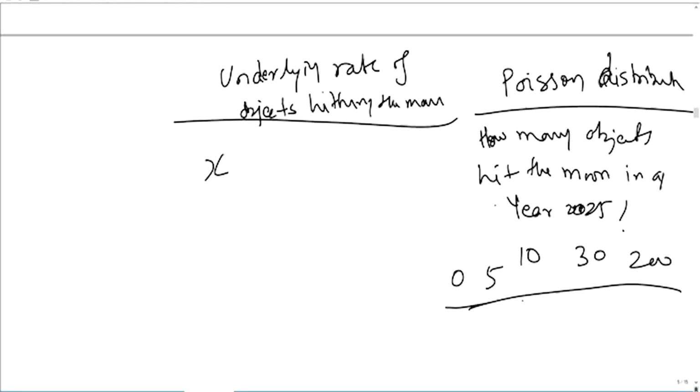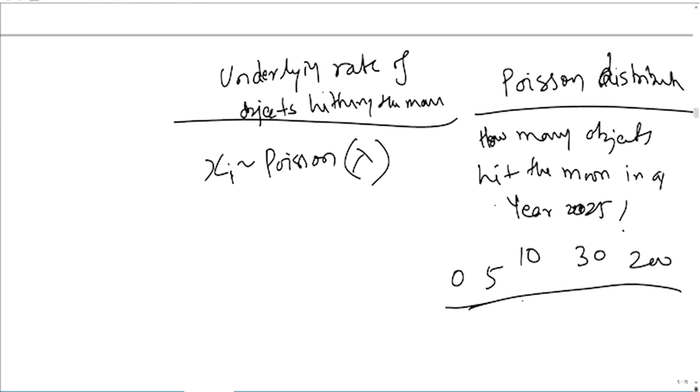For this kind of data, a probability mass function that is very appropriate is called a Poisson distribution. So we say that the number of occurrences in a fixed time period can be given by a Poisson process with underlying rate parameter lambda.